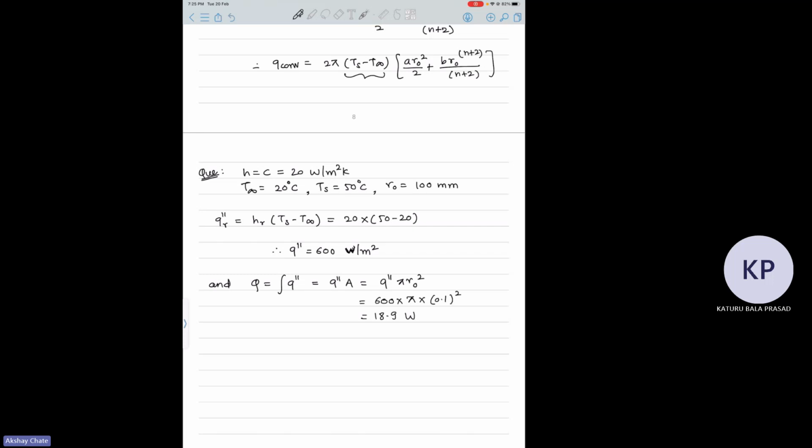But they have not mentioned any gap or any radius. Something should be there. Okay, I'll try to solve this by tonight if possible. Otherwise, next class we'll see.